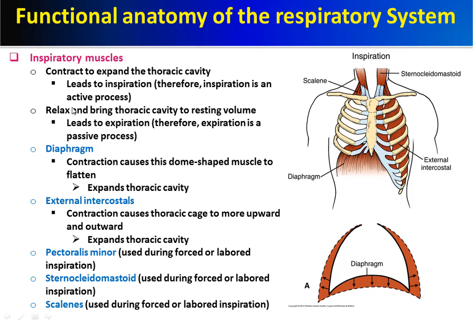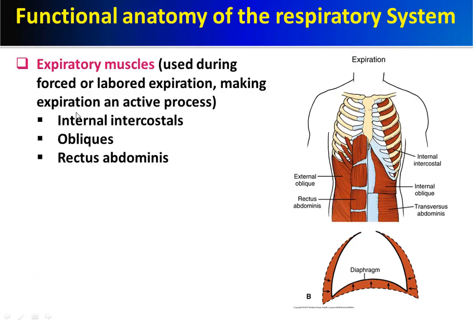So why then do we need to have muscles for expiration? We have these muscles in order to use during forced or labored expiration. And when expiration is forced or labored, we need to have the muscles of expiration contracting.